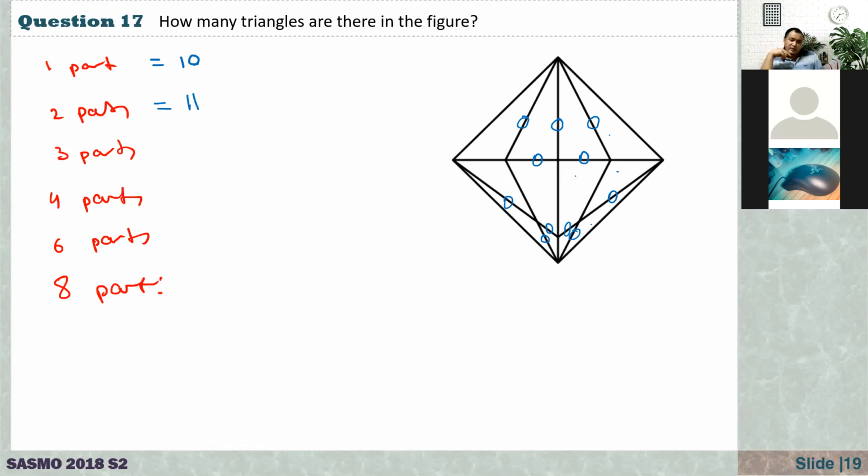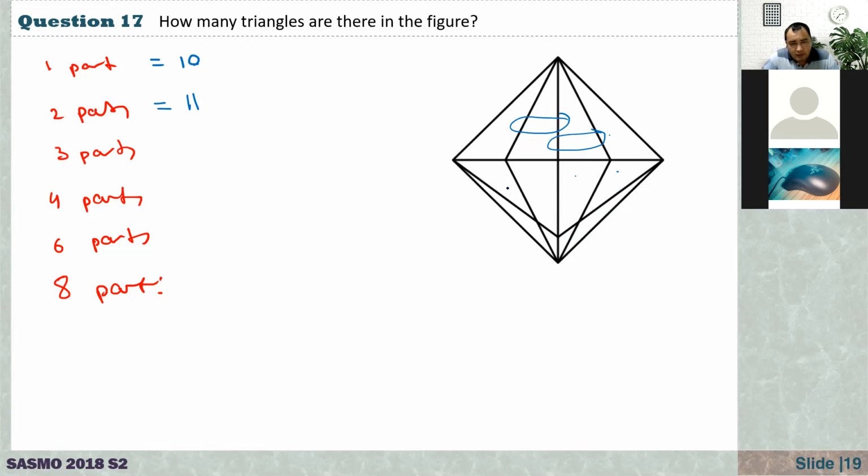Because now if you circle the line segment that is dividing the triangle, I think we can see much better. So it is 11. Now how about three parts? For example, 1, 2, 3, right? This is 1. This is 2, right? And 1, 2, 3 parts.